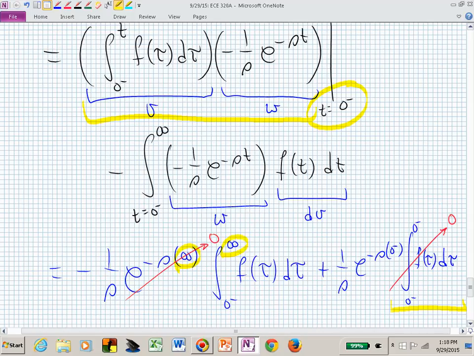I subtracted those two terms, v and w, evaluated at t equals 0 minus. Everywhere I had a t in that expression, I replaced it with 0 minus. And I had a t in the upper limit of my integral. And now I'm integrating basically nowhere. I'm just stuck in one place, and the area under that curve is 0. Does that answer your question?